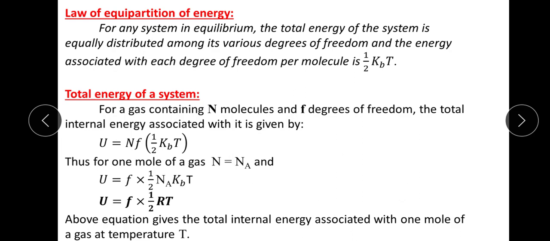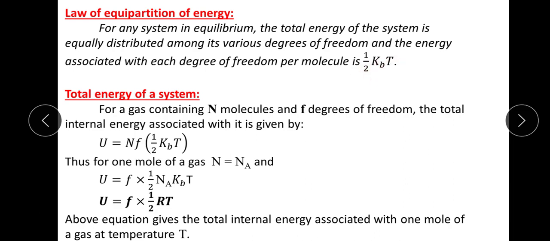We know that a gas in a container possesses some internal energy because of the motion of all those molecules. Due to that, the internal energy of the system is equally distributed among its various degrees of freedom, and the energy associated with each degree of freedom per molecule is half kT.